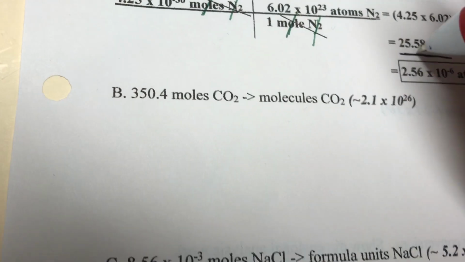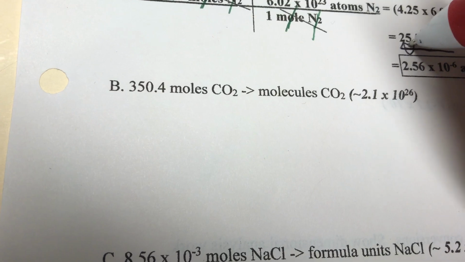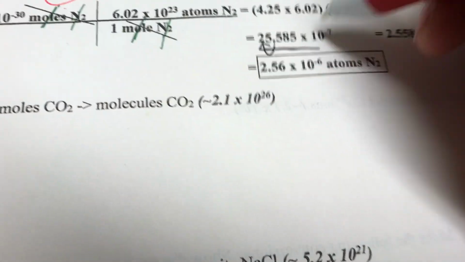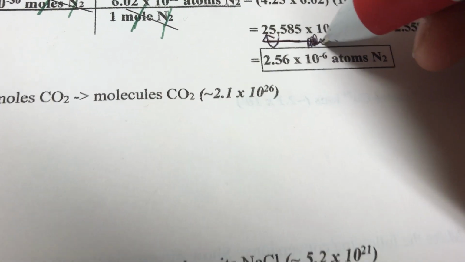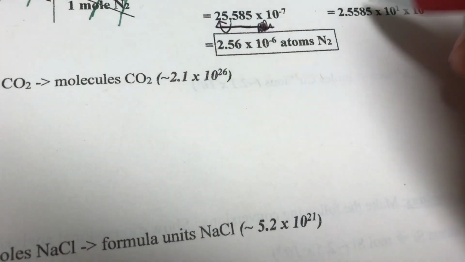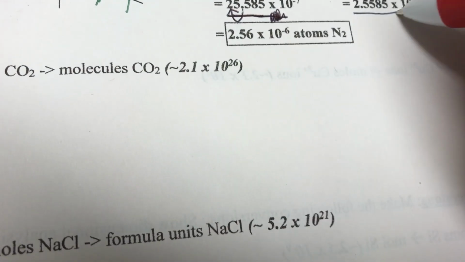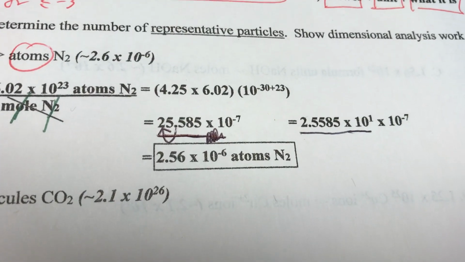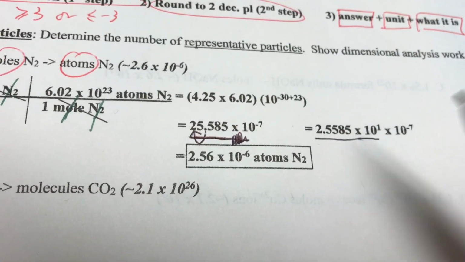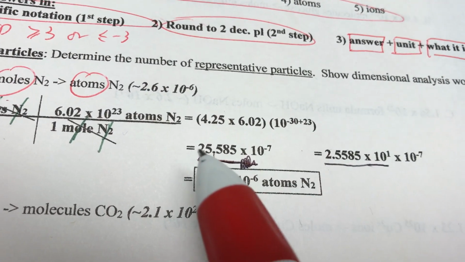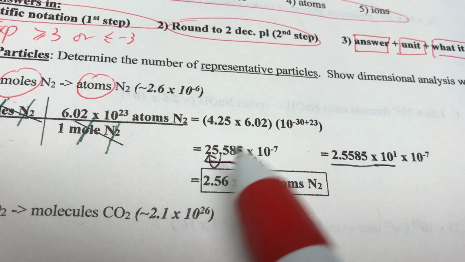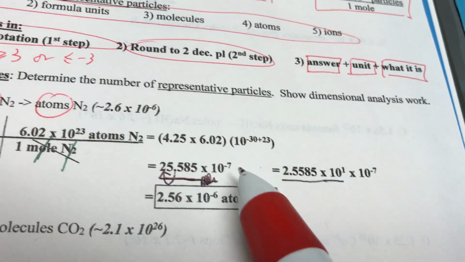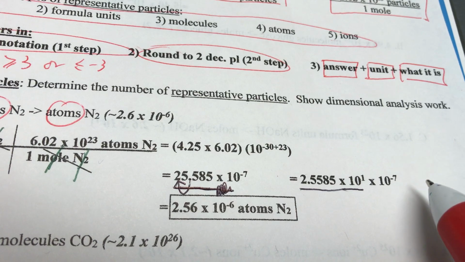So we're going to move the decimal 1 place, and this number becomes 2.585 times 10 to the power 1. Now why is it 1 and not -1? Because this number is greater than 1, so my exponent is +1. Then I put 10 to the -7 at the end.